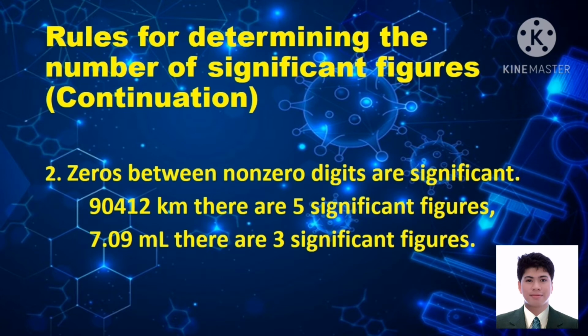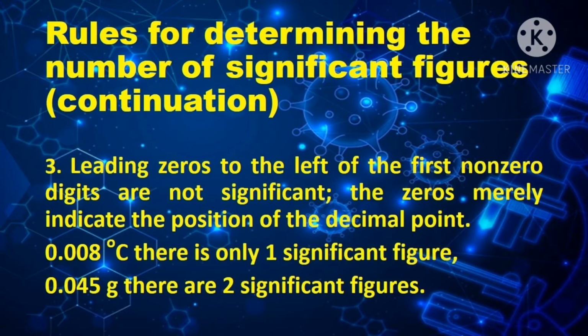Rule number 2: zeros between non-zero digits are significant. For instance, 90,412 kilometers, there are 5 significant figures. Then 7.09 milliliters, there are 3 significant figures.